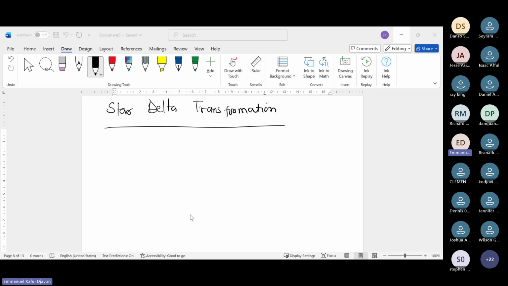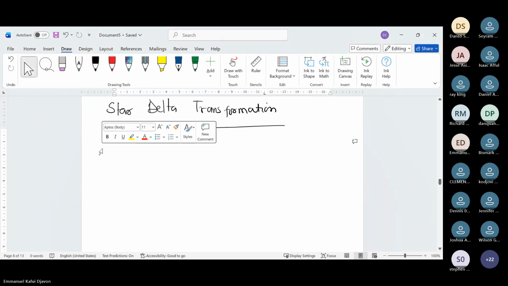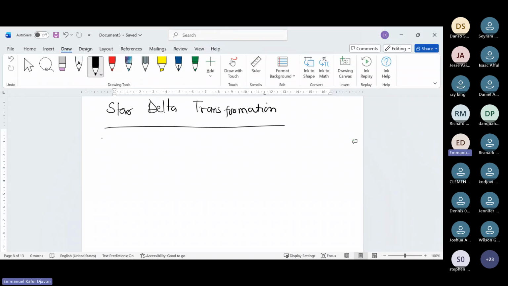So for a star connection, or T connected, it can either be like this.